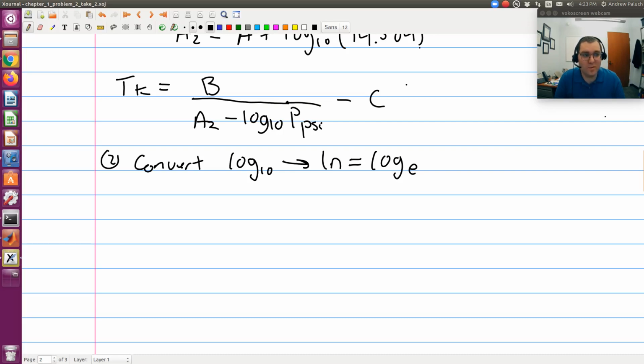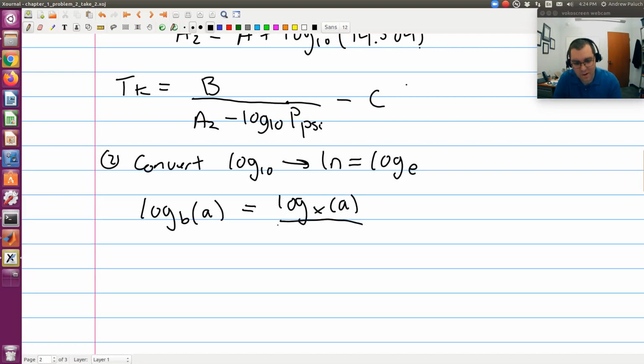Please note, I forget this all the time and always have to look it up. But if you look it up, what you should find is that log base B of A is equal to log base X of A divided by log base X of B.